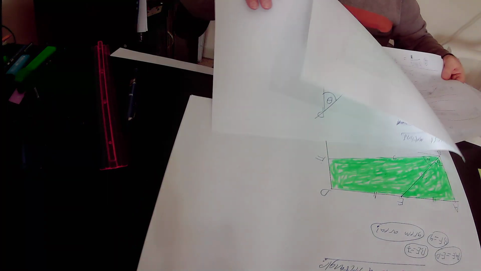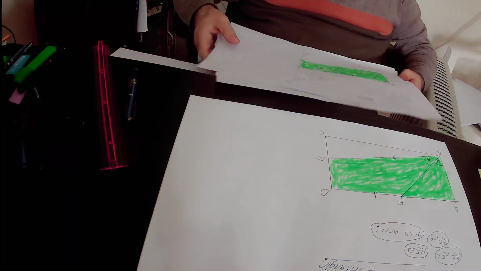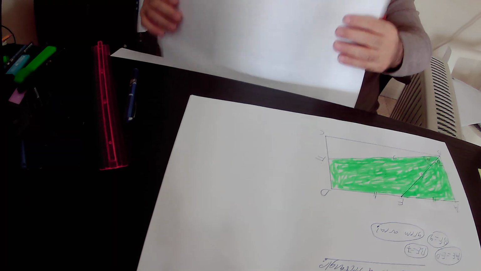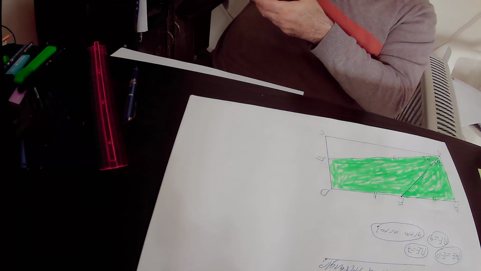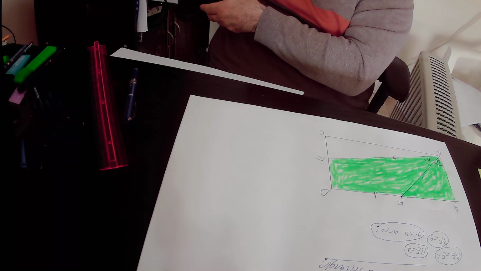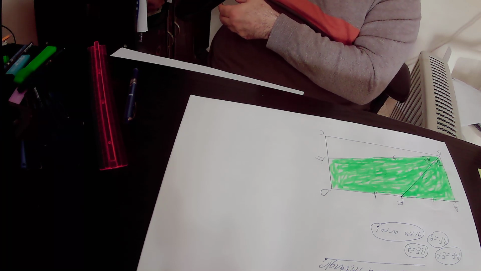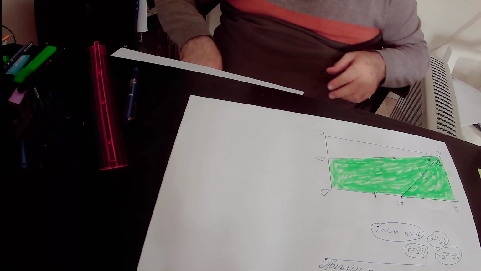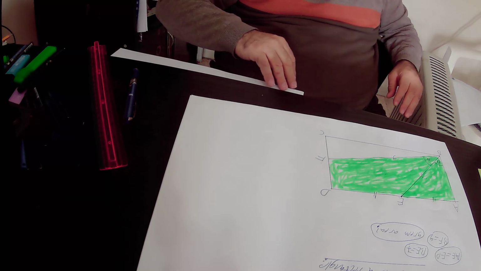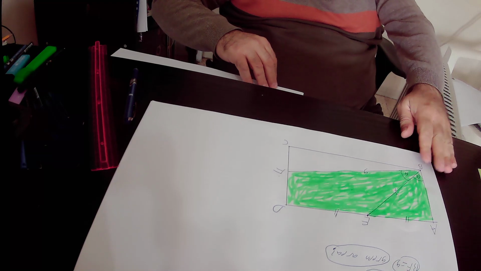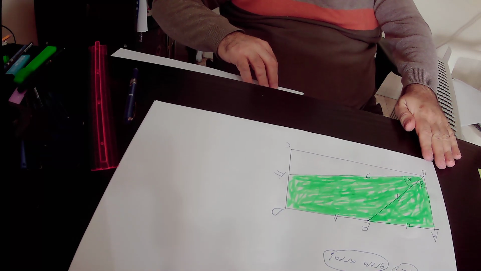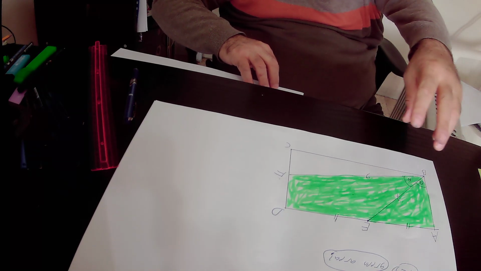In the next step, I will present to you the second method to find out the area of the green shape.